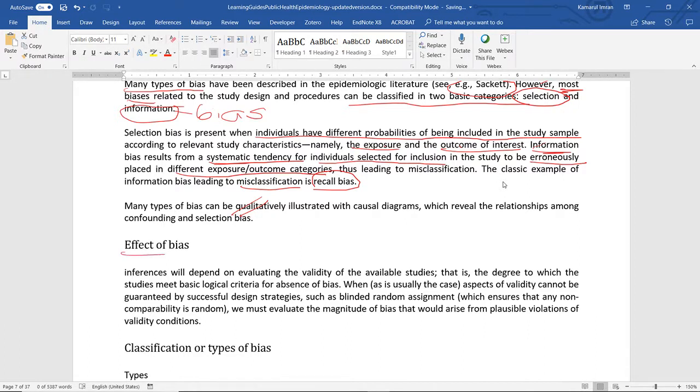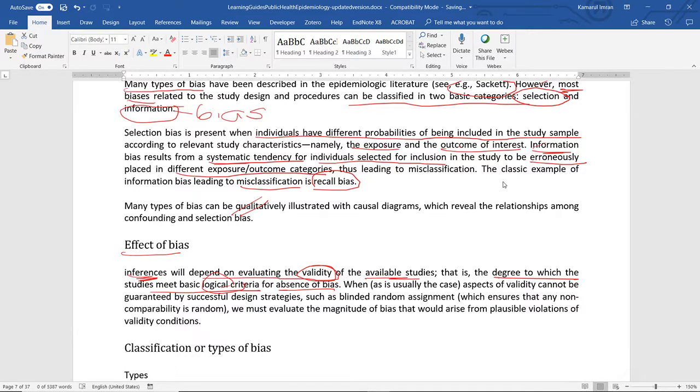So the effect of bias, because inferences, okay, generalizations of results depend on evaluating the validity of the available study, which means the degree to which the study meets the basic logical criteria for absence of bias.